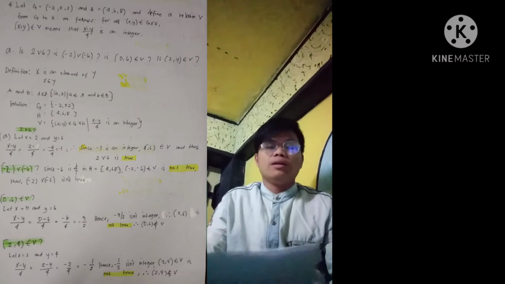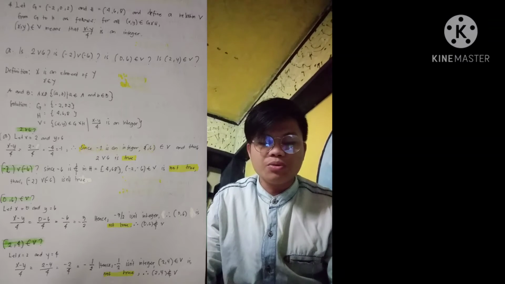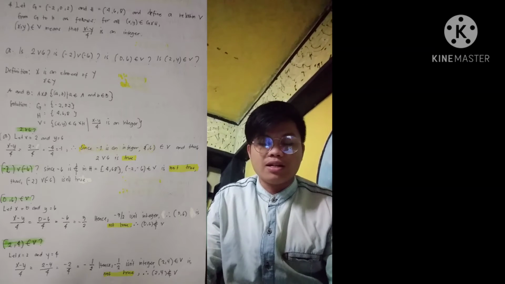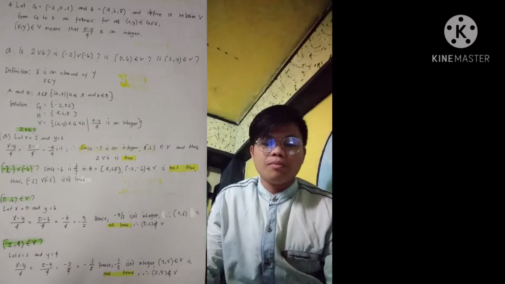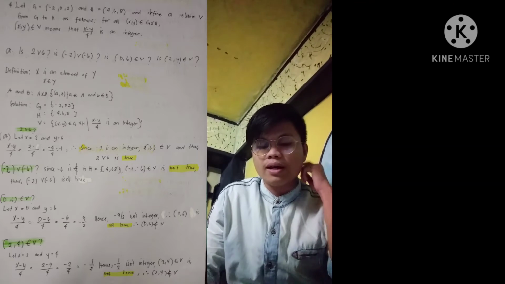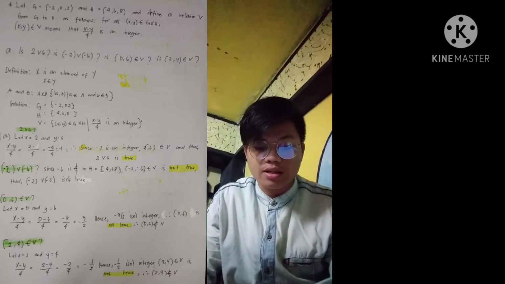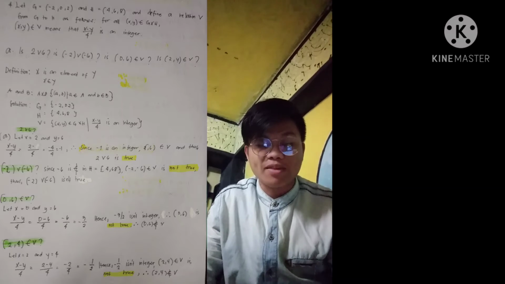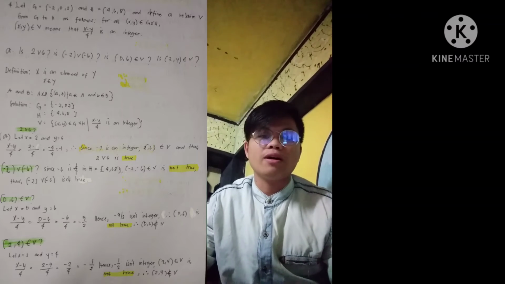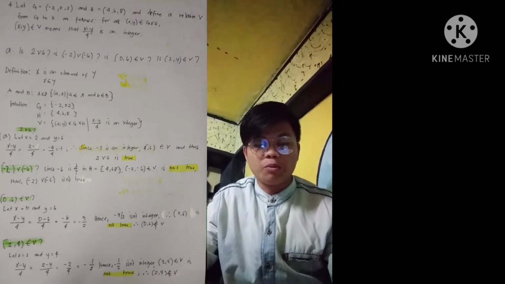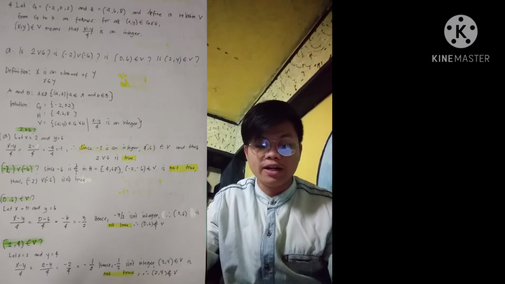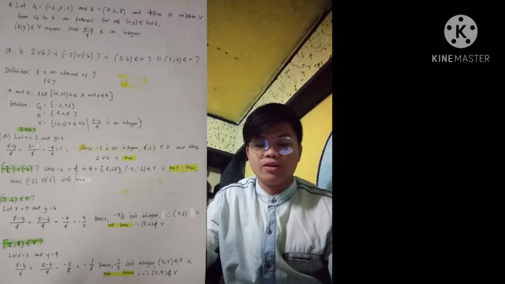Answers. For letter A, is 2 related to 6? Let's assume that 2 is our x and 6 is our y. So we have to substitute it into the formula, which is (x minus y) over 4.